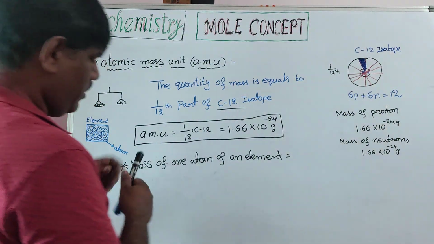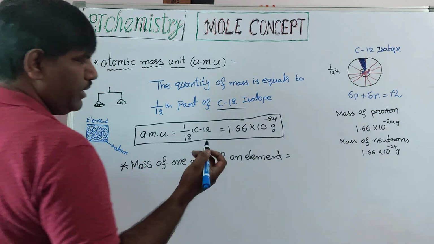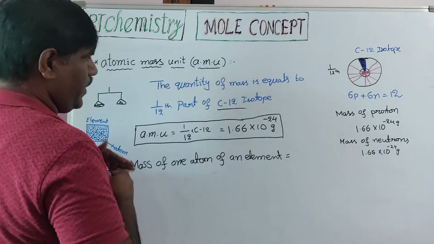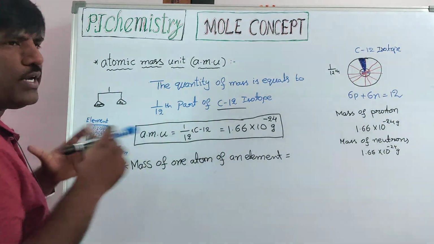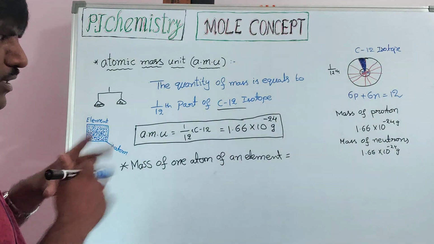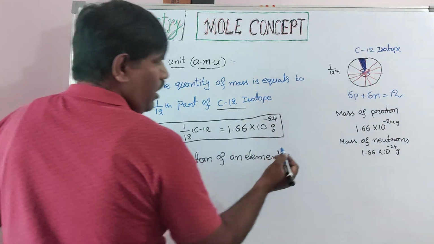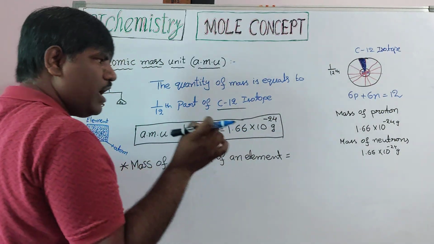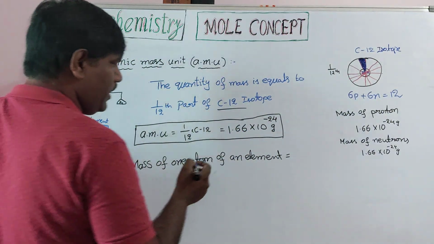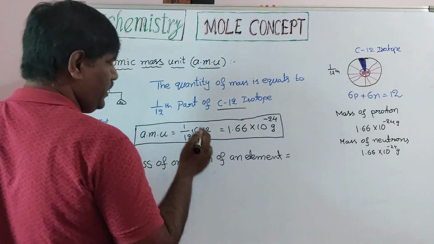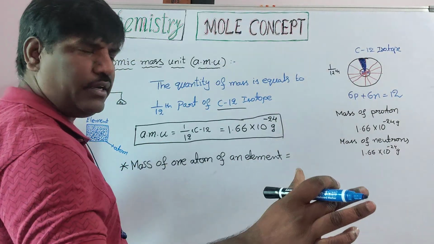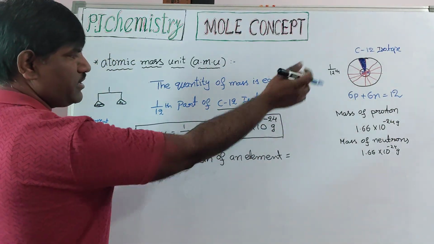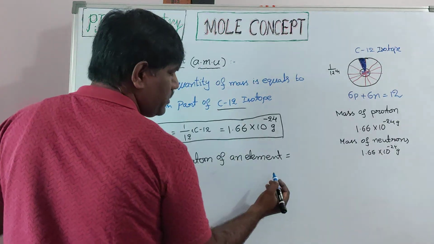So now how do we write the formula to find the mass of one atom of an element, for any element? How many parts was it divided into, and what is the AMU? What is the value of 1 unit? The 1 unit value for any element is fixed: 1.66 into 10 to the power of minus 24.